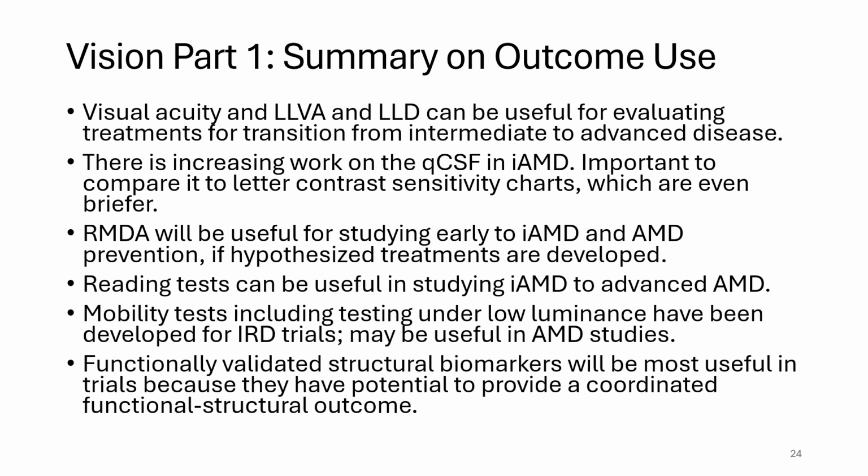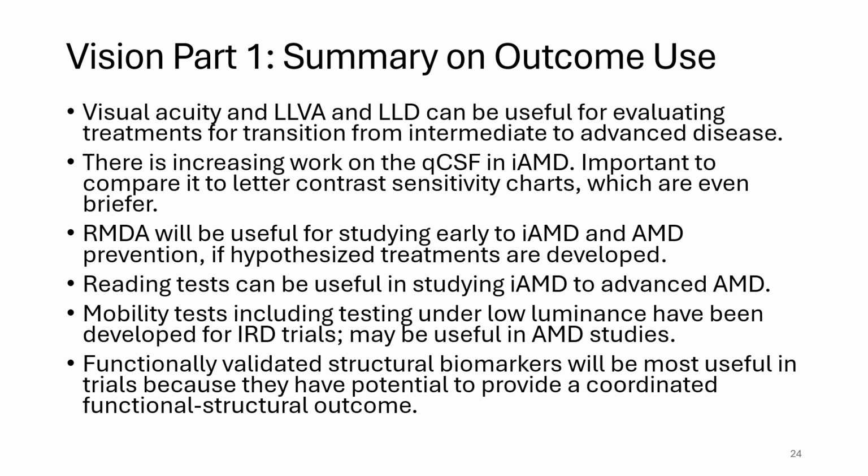It would be useful to compare it to the performance of the letter contrast sensitivity charts as well. Rod-mediated dark adaptation will be useful for studying early to intermediate AMD and also for studying AMD prevention. This will be the case if pharma develops interventions targeted at these early phases of disease.